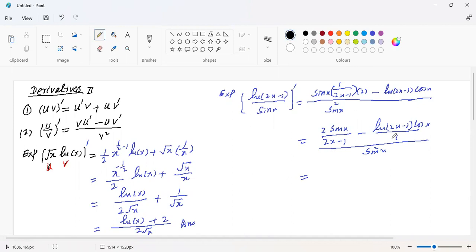Because there is a 1 here, you multiply this 2x minus 1 with this expression and 1 with this expression. So it will be 2 sine x minus this times this, ln of 2x minus 1 into the cosine of x.